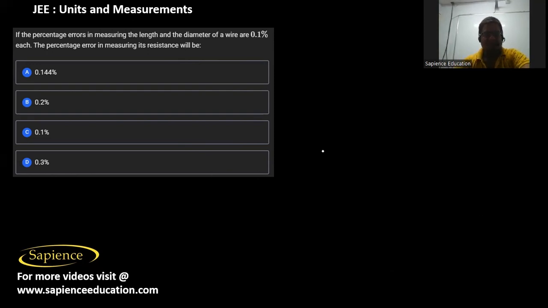Okay, so as we know, R equals rho L by A. R is the resistance, rho is the resistivity, L is the length of the wire, and A is the area of cross section of the wire. And area will be equal to pi R square.